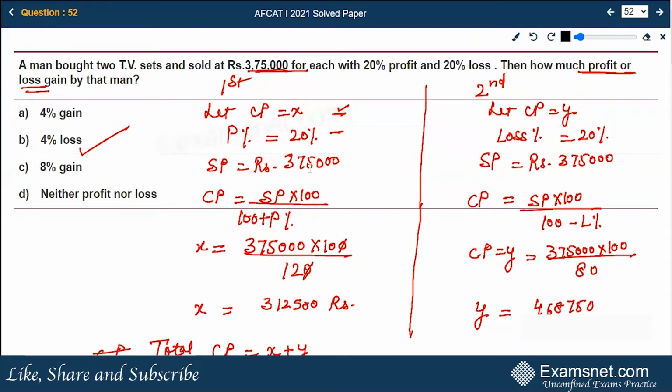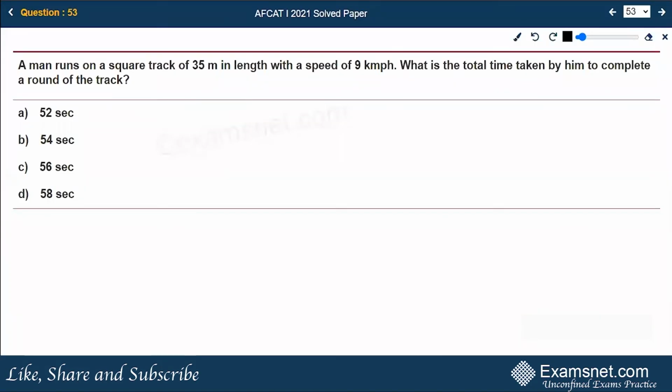Next, question number 53. A man runs on a square track of 35 meters in length with a speed of 9 kilometers per hour. You have to tell what is the total time taken by him to complete the round of the track.